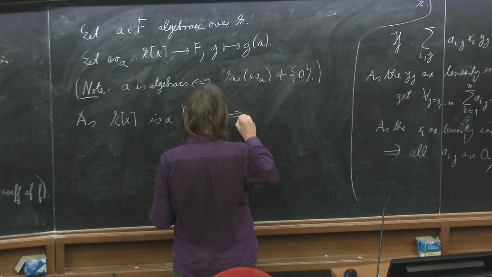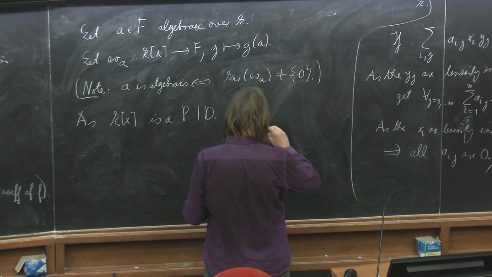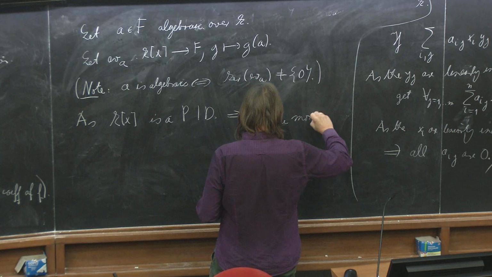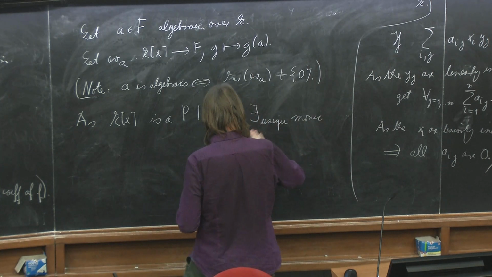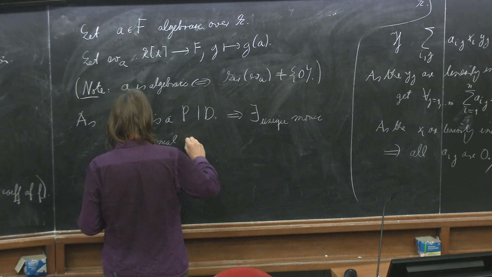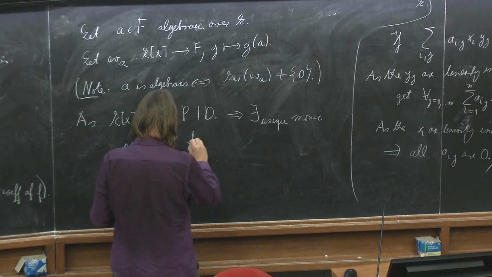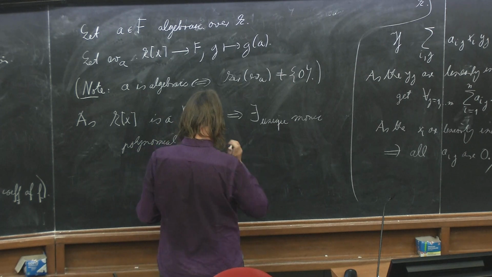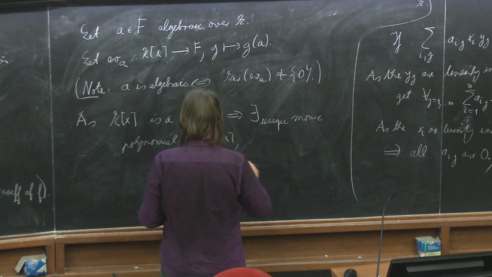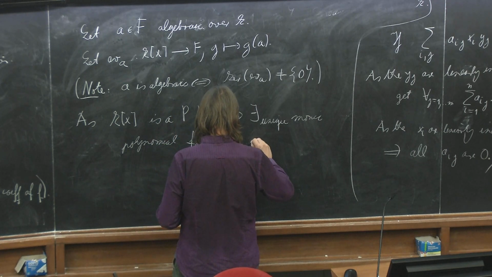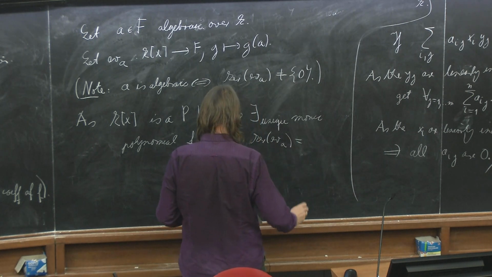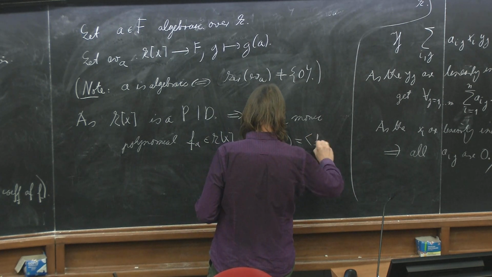So it follows there exists a unique monic polynomial, that we denote f_A, in K[x], such that this kernel of the evaluation homomorphism is the ideal generated by f_A.